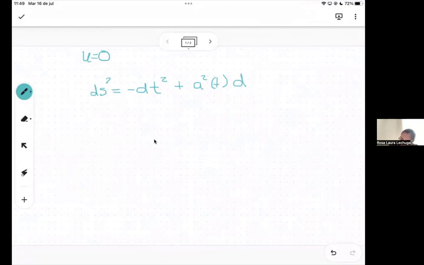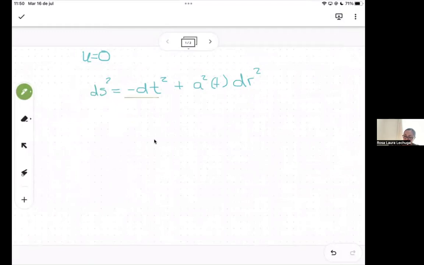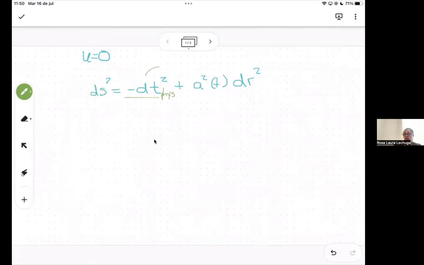And for example, for the radial null geodesics, if you want to consider the full geometry, you need to add here the other part. But essentially, you have this difference. In this case, you have the physical time, you can add this phase, and this is the scale factor. But for example, you can redefine a new line element in this way.